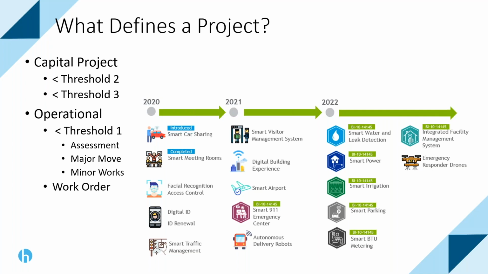projects. What I've got on the screen here is an image of a project I was involved in recently. It's a smart city project, and it has all of these different things: smart car sharing, smart visitor, digital building experience, smart water and leak detection, an integrated facility management system, which was Archibus in this case, and everything else smart. You'll notice that these are individually all projects, but on half of these there's a little green identifier, and that identifier is a number, and it's the same number.